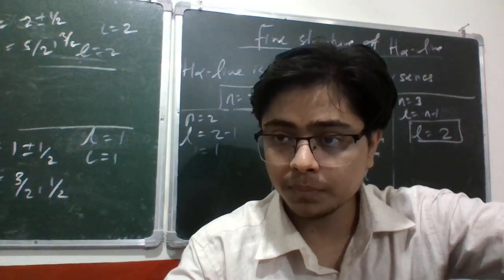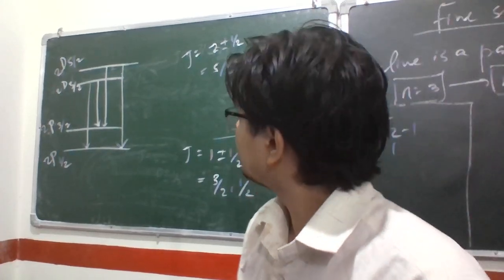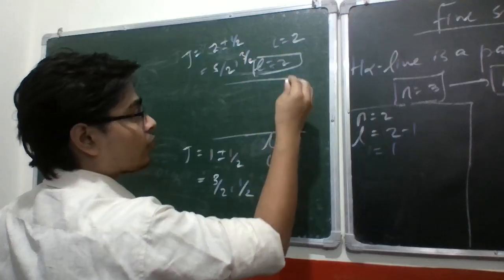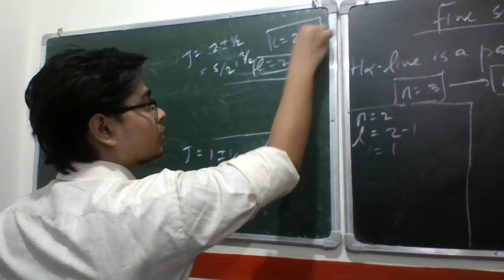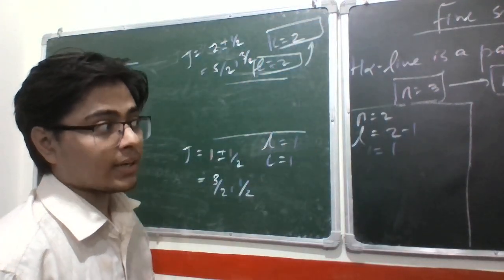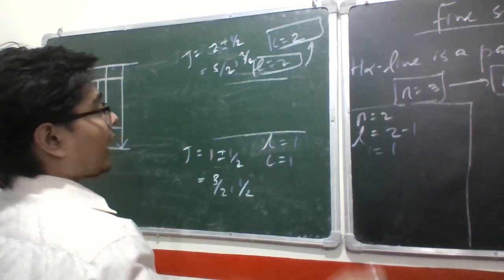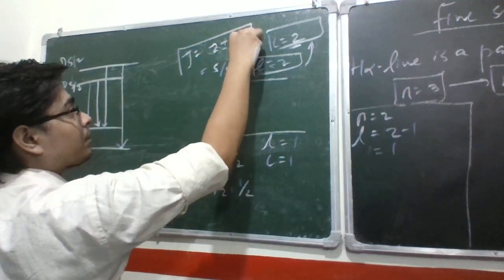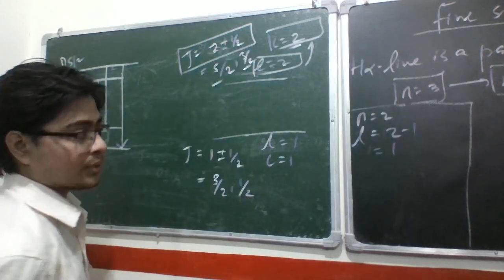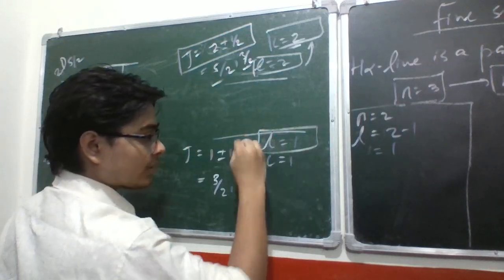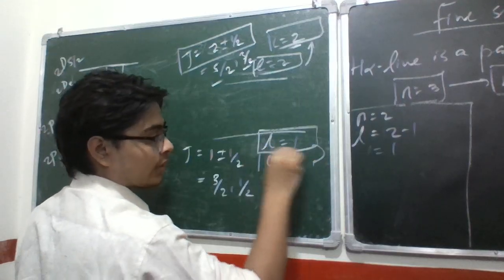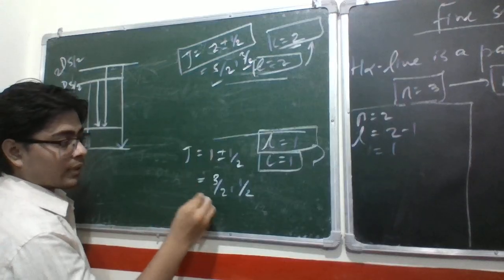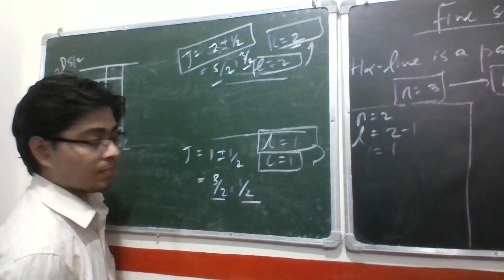L equals 2 for the electron means L equals 2 for the entire atom if it's a one electron system, and L equals 2 means we have two values for J, 5 by 2 and 3 by 2. Similarly, L equals 1 for the electron means L equals 1 for the atom, and J would have values 3 by 2 and 1 by 2.